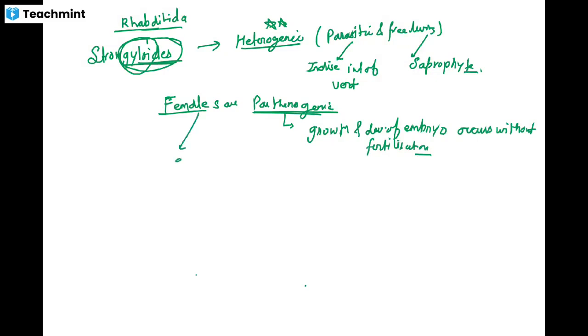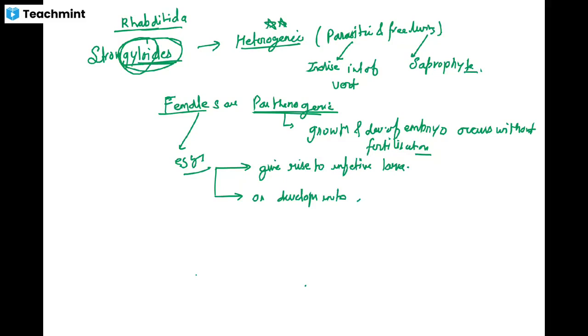And there may be two chances for their eggs: either the egg gives rise to infective larva, or it develops into a free living generation of male and female.